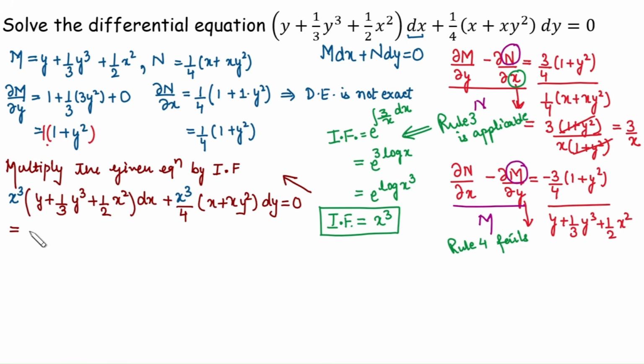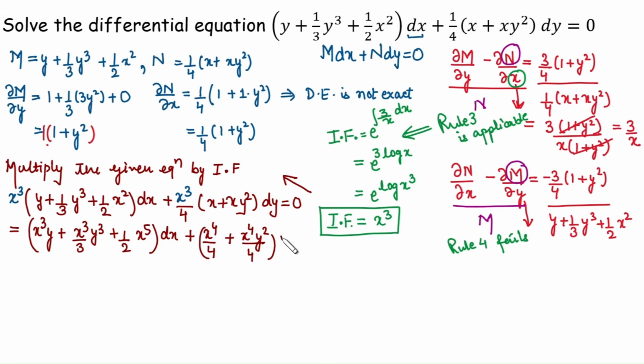That is equal to (x cube y plus x cube by 3 into y cube plus 1 by 2 x raised to power 5) dx plus (x raised to power 4 by 4 plus x raised to power 4 into y square by 4) dy is equal to 0. Now this is an exact equation. So once we have the exact equation, we can write its solution.